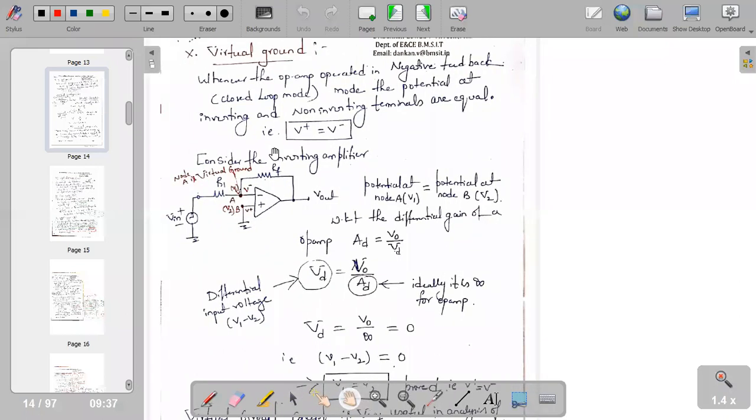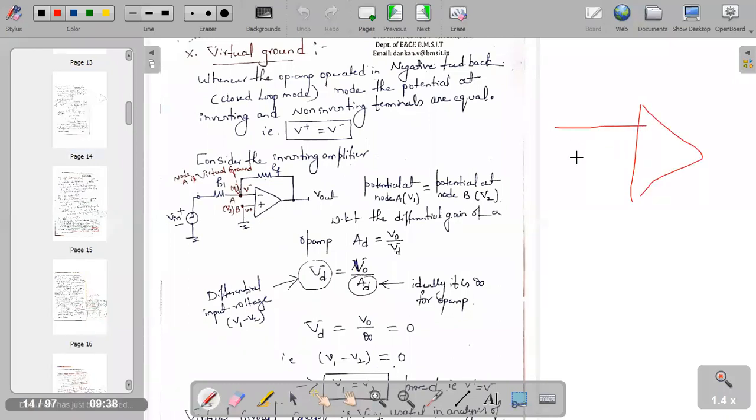Now please observe here. The op-amp in open loop mode. It has V plus and V minus, that is non-inverting and inverting terminals.